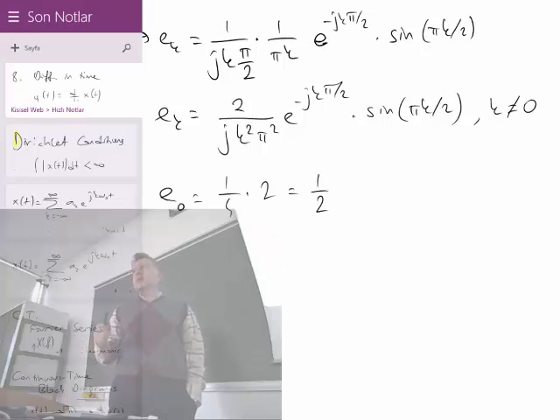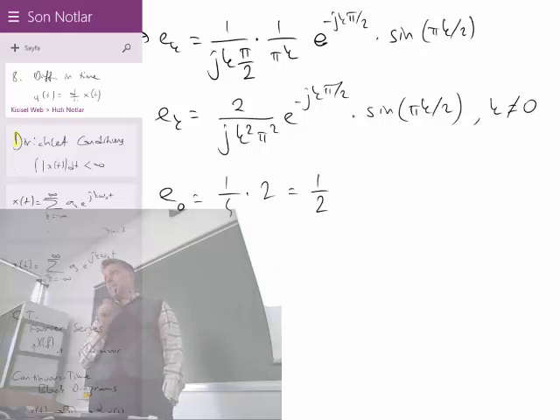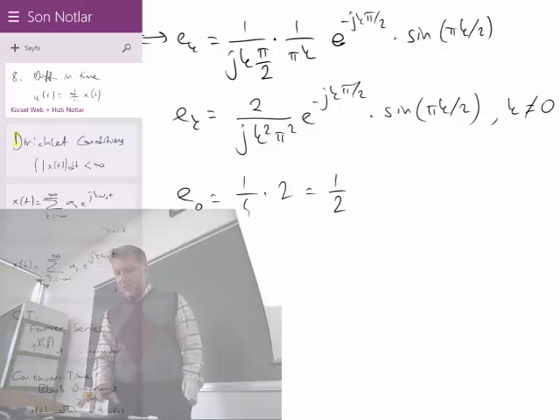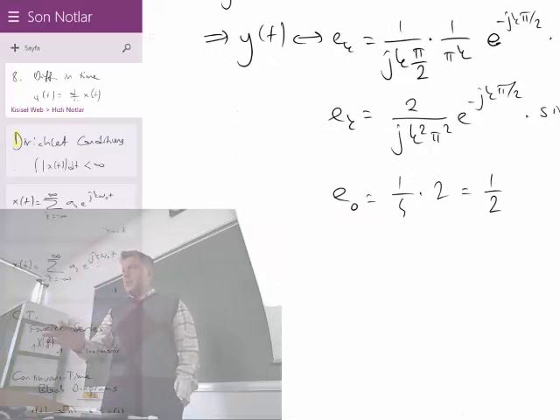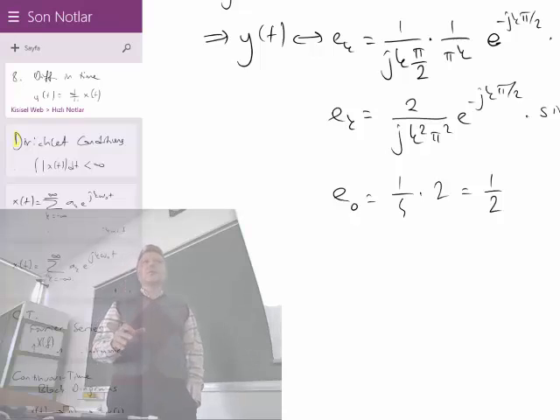And without using the properties, trust me, you will not be able to find it using the integral formula of the Fourier series coefficient. It's very difficult. So you need these properties. Of course, I promise that the questions that you will encounter will always be solvable through some properties, so it won't be very difficult.